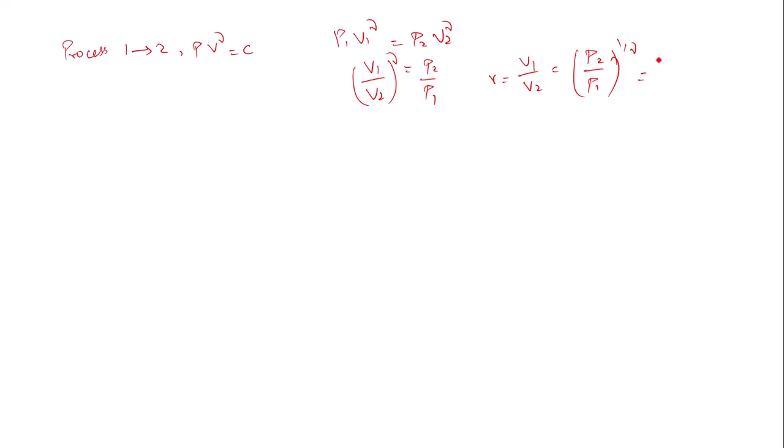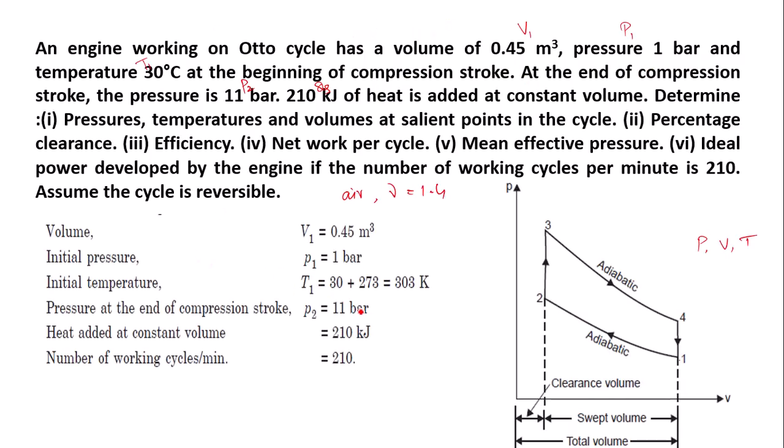The value of P2 is 11 bar, and the pressure P1 is 1 bar. In substitution, we need to convert it into kilopascal or kilonewton per meter squared, so I'm going to multiply it by 100. So 100 kilopascal, whereas for 11 it is going to be 1100 kilopascal.